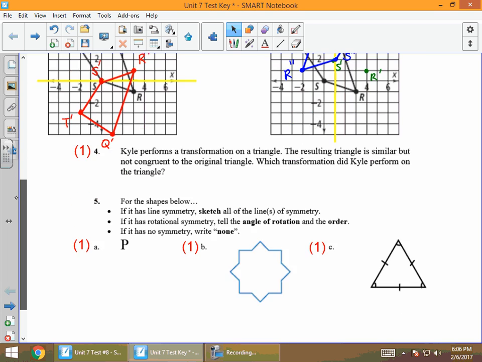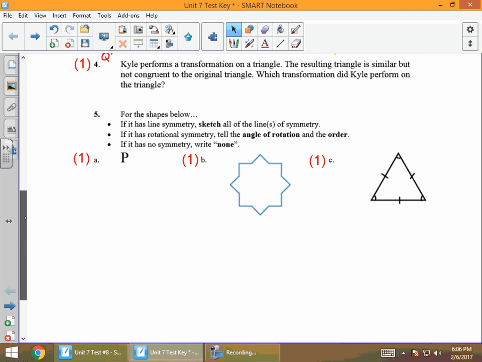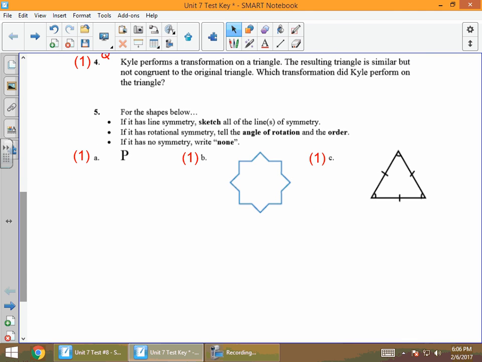All right, question number 4. Kyle performs a transformation on a triangle. The resulting triangle is similar, but not congruent. Which transformation did he perform?